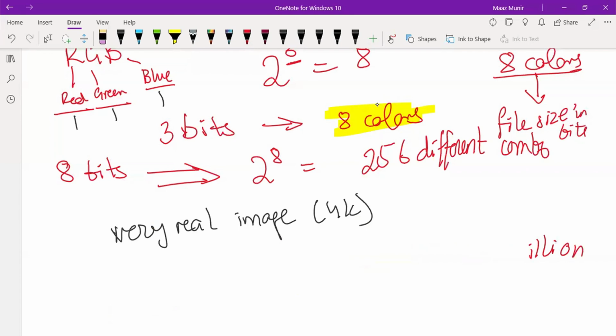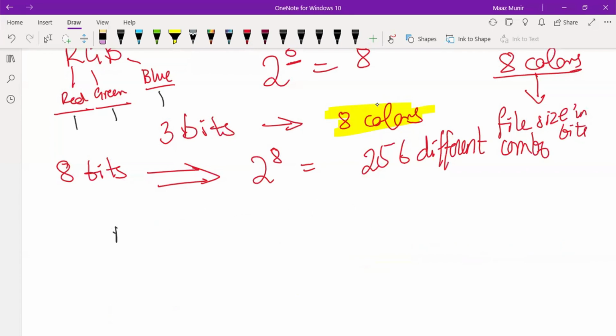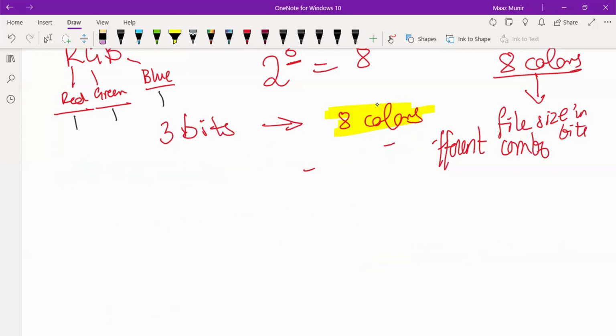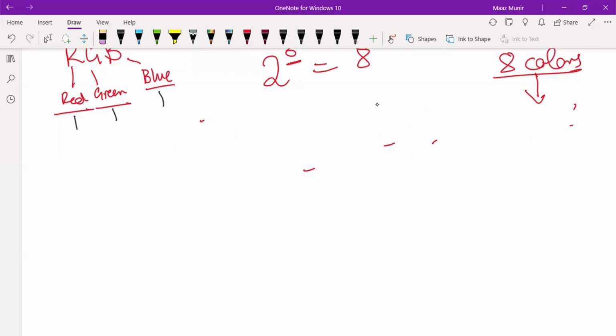Now let's discuss some common definitions related to bitmap images. Let me erase this and then we can start off. Okay, starting off, we discussed bitmap images, which is a system or an image that uses pixels to make up an image. Then we have pixel, which is the smallest picture element that makes up an image or could be represented on the screen. The third one is color depth.